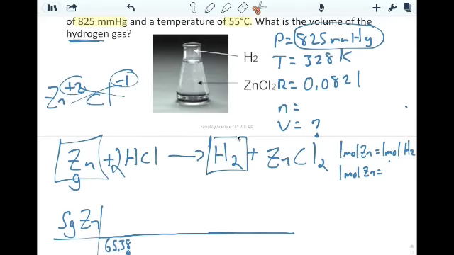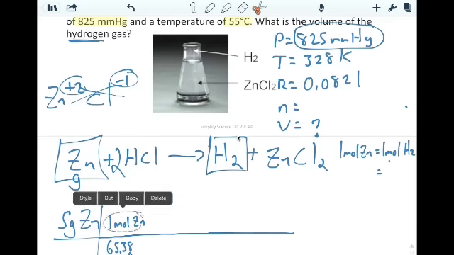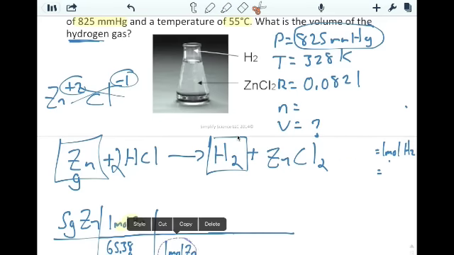The other part goes on the top. Now we're not at moles of hydrogen yet, so we keep going, and since this up here says moles of zinc, we put moles of zinc on the bottom, which would be our 1 mole, and then we put the other half on top.